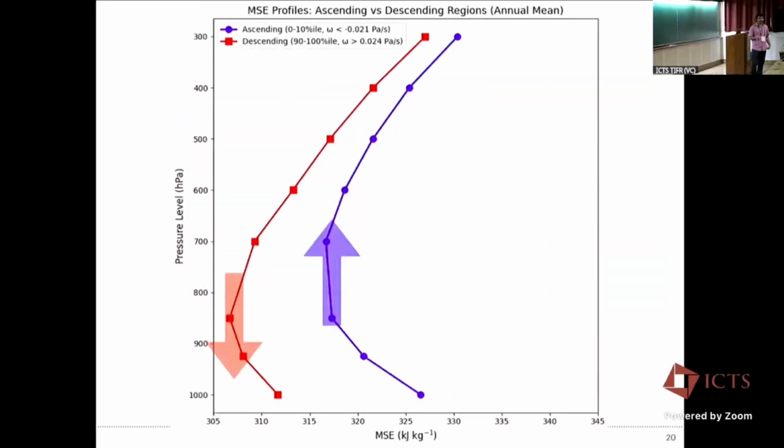And this is how they would look. Your ascending is, I have taken 0 to 10 percentile of the plot that I had shown in the last slide. And this blue one indicates the MSE profile for that region. And the red one is my downdraft. Can you tell me any observations about these two profiles? What do you see?